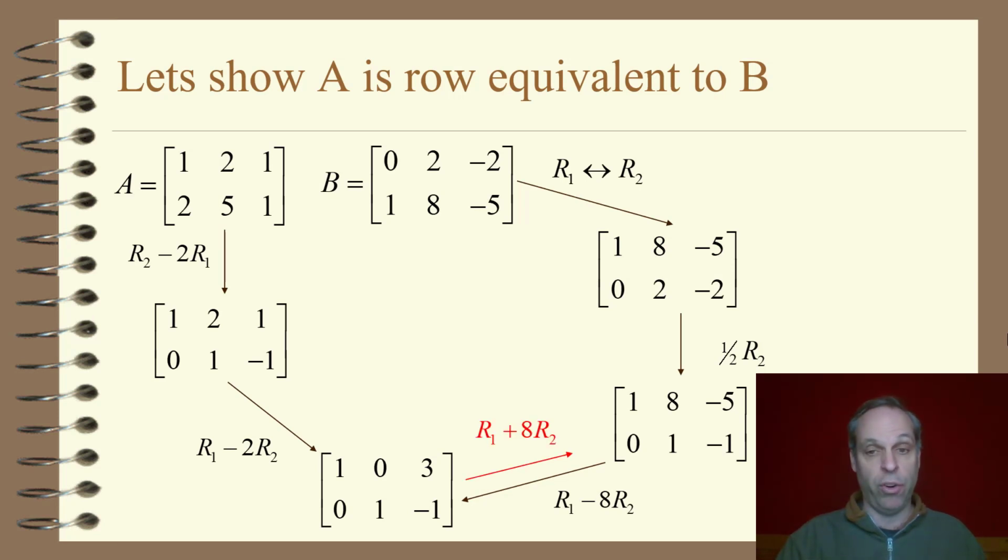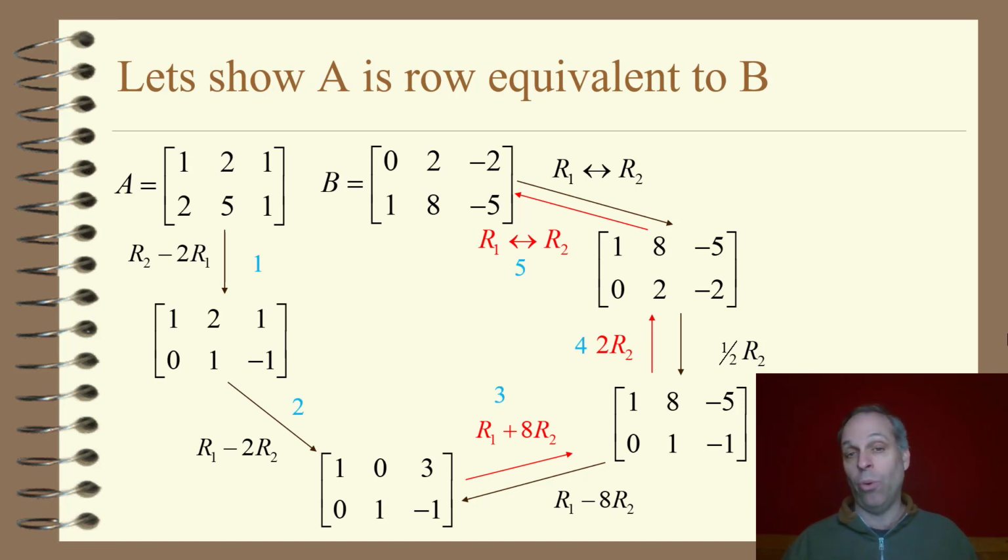So here's me just reversing them all, going backwards. And then if you just take the row operations from A to R, and follow the arrows in this order, that is a sequence of row operations that reduces A to B. So A is row equivalent to B.